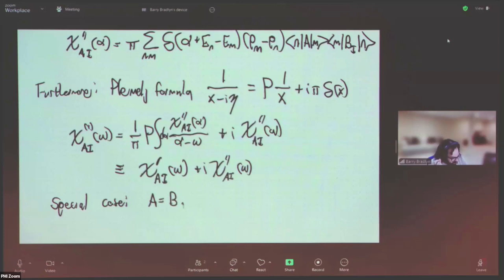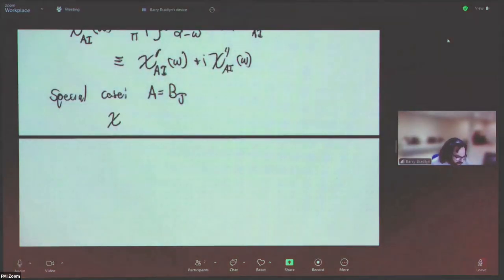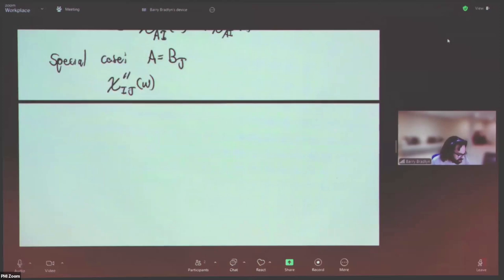Operator A is equal to one of our B_j's. In that case, it's not hard to show that chi double prime ij of omega, just put in our expression here, take the complex conjugate, this is actually equal to chi ji double prime of omega.